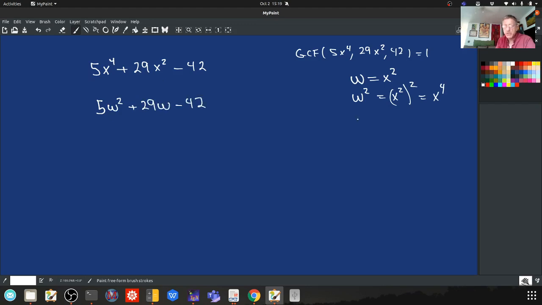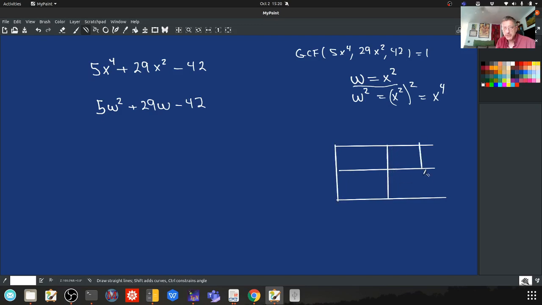Now you don't have to choose w, I just choose w. I don't really want to choose y. So now all we have to do is factor this polynomial in w, and then when we're done, we replace w back by x squared.